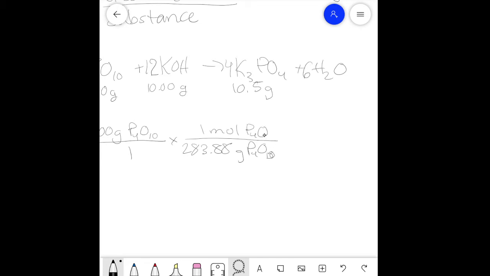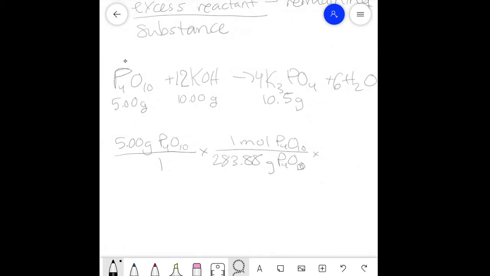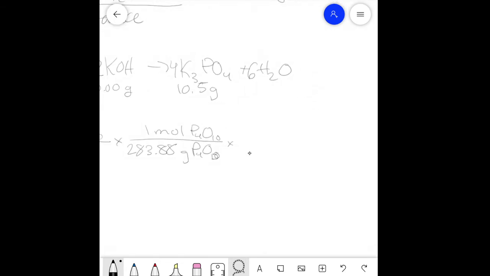So that's not 10, that's 5. Now we set up our molar ratio between this reactant and this product. So that would be 1 mole to 4 moles.